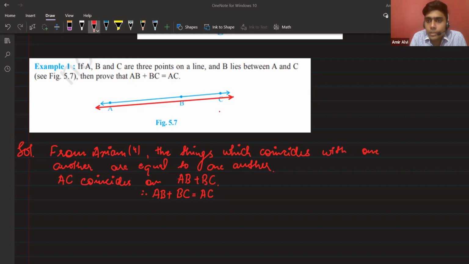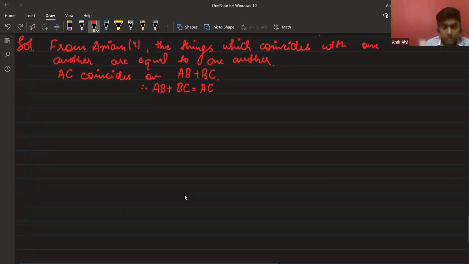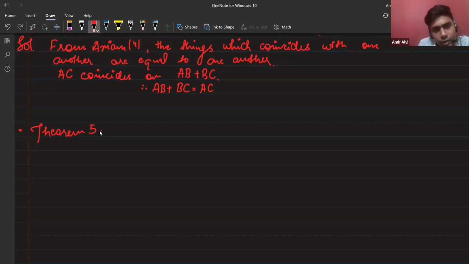Just give me a moment. Yes, Simrat. One theorem is left basically. The theorem has a statement type proof. Let me write it down. Theorem 5.1.